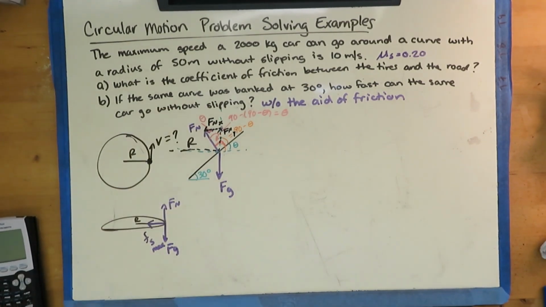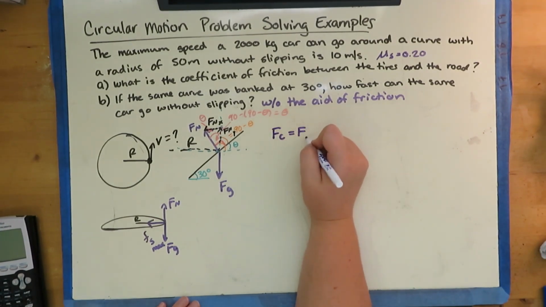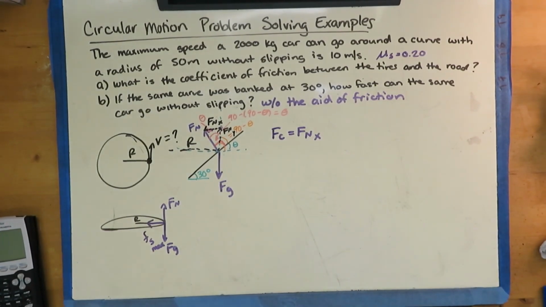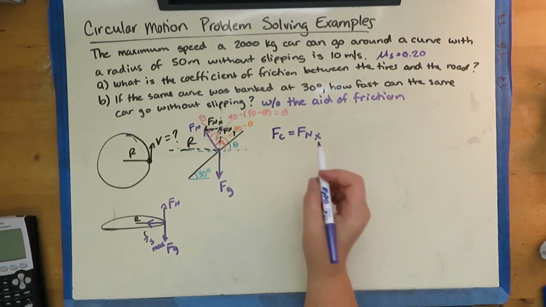And my centripetal force is going to be Fn in the x direction in that case, assuming that there is no need of friction to go around this curve. So with that, I now want to find how fast can the same car go without slipping, without the aid of friction on this banked curve.